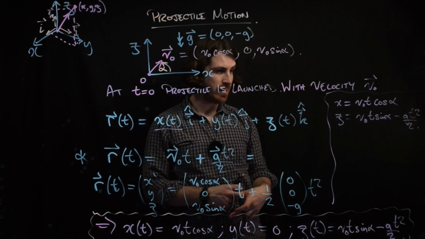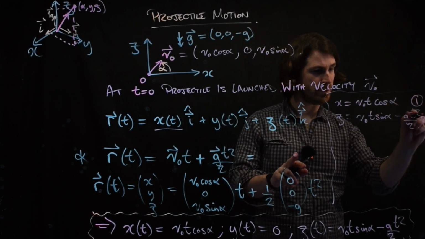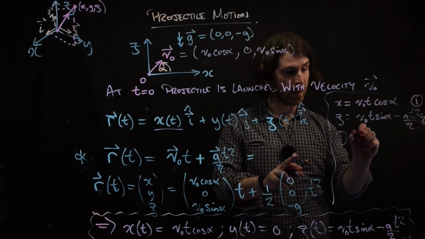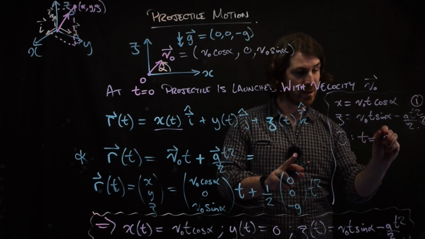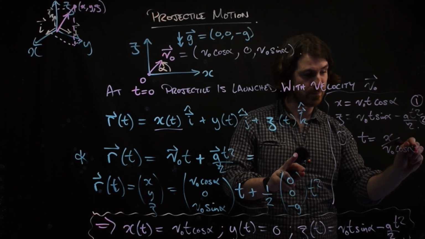Let's think about what type of curve this is. The first equation tells us that t is equal to x divided by v0 cosine alpha.